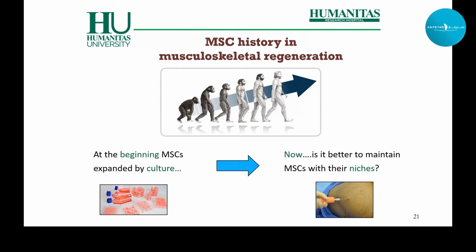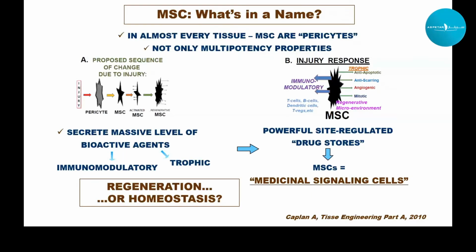Why? Because the cells are maintained inside their niches. So the stem cells are never manipulated in the lab. Arnold Caplan, who is considered to be one of the fathers of mesenchymal stem cells, the person who promoted the concept, just 10 years ago started saying that mesenchymal stem cells are not the cells that directly differentiate into chondrocytes or osteoblasts, but in reality they are regulators.